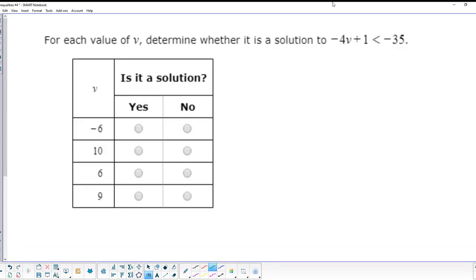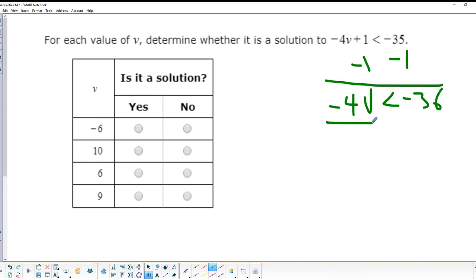All right. Now in Alex, you're going to have a few problems like this. It seems like a pretty standard thing that we've been showing you over the last few days. So we subtract 1 from both sides to solve this inequality, and we have -4v is less than -36. Then when we divide by -4, we have that little song in our head, flip out.